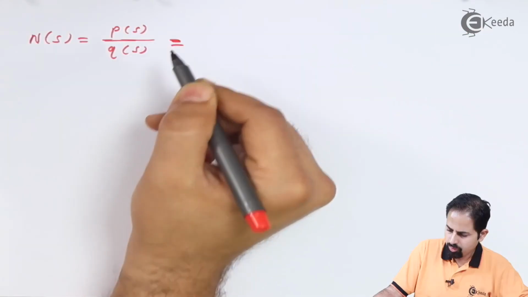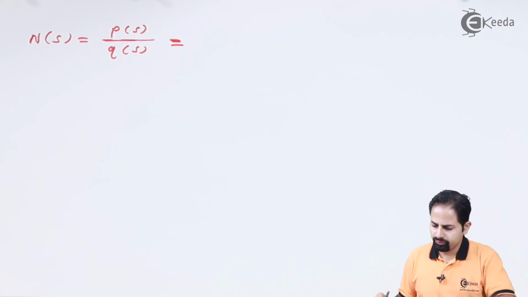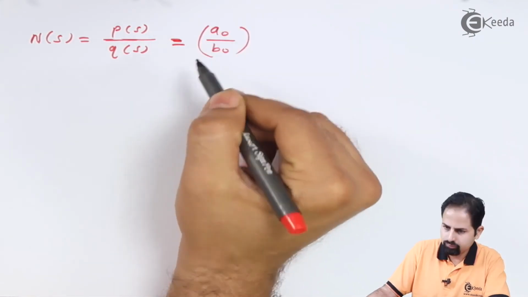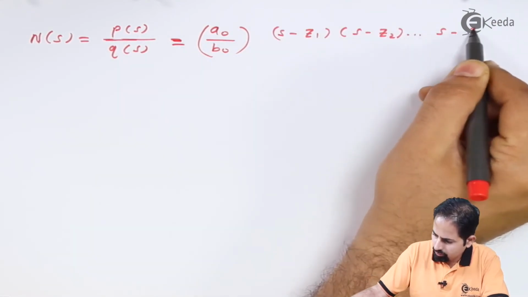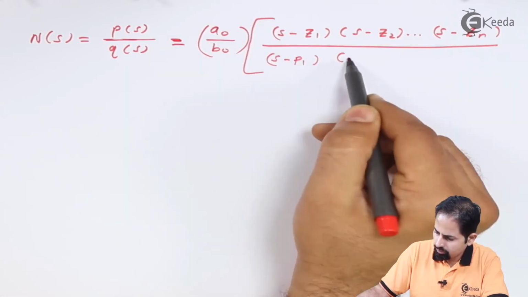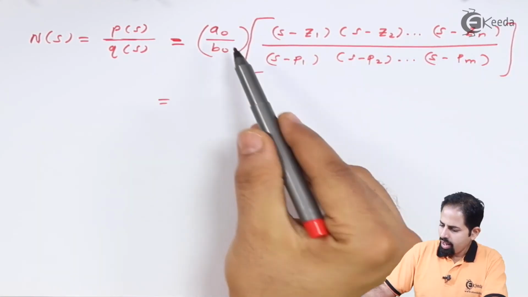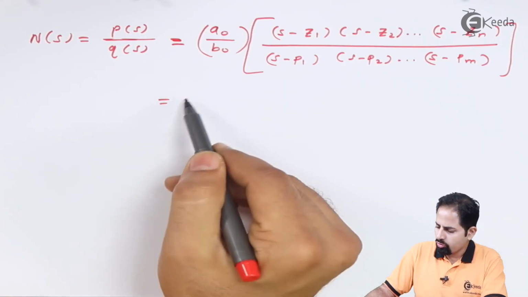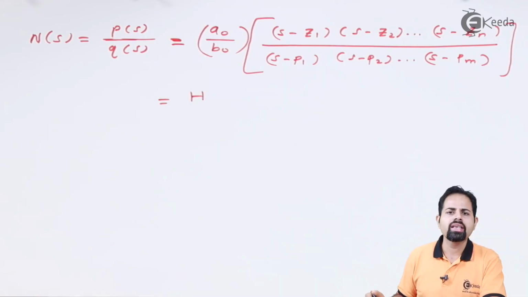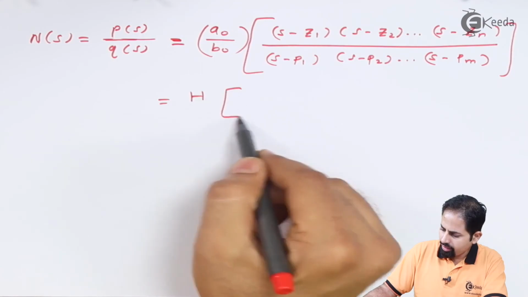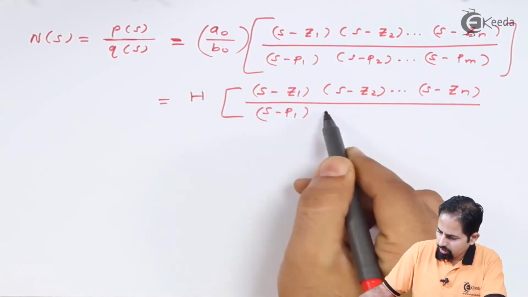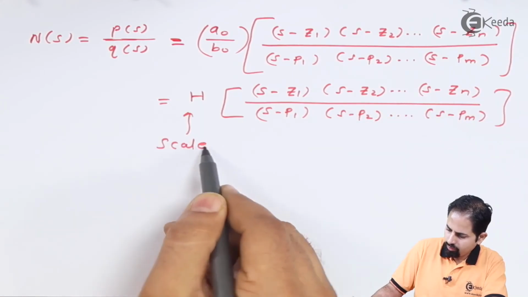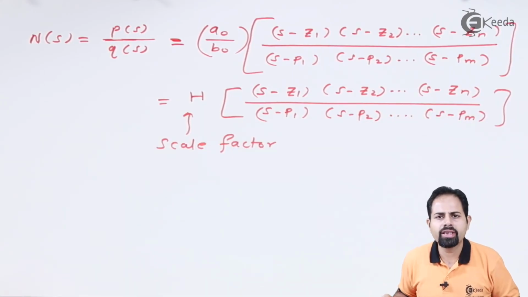So I am now taking a0 common, and the remaining terms I am directly writing in factorized form. This factor a0 upon b0 we call H, which is called the scale factor, and the remaining term will be as it is. So we have covered this part also now.